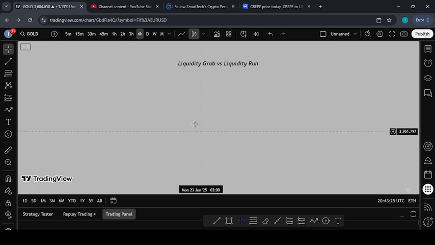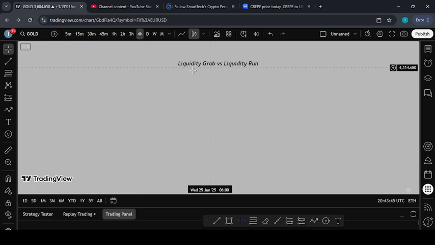So when people say it's just a liquidity sweep, a sweep is just the general name for when price takes out liquidity. But for you to identify it as a grab, price makes a sweep and reverses.